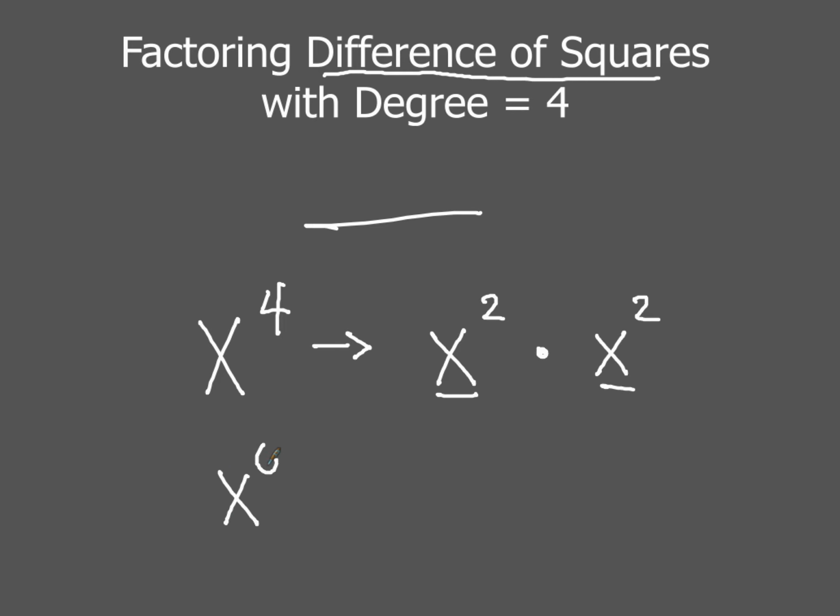Say you had x to the 6th, if you take half of 6, that's going to be x to the 3rd times another x to the 3rd, because when you multiply the same thing by itself, you get the square of that term. So x cubed times x cubed gives you x to the 6th. But we're only going to take a look at things to the degree 4 in this short video. So let's take a look at this one here.